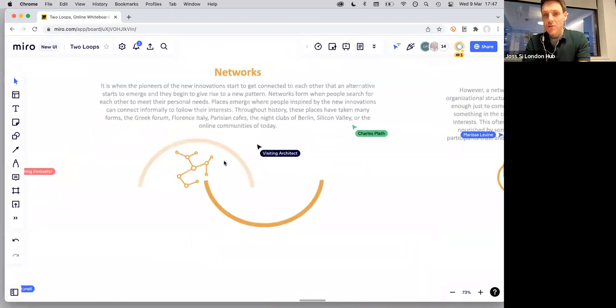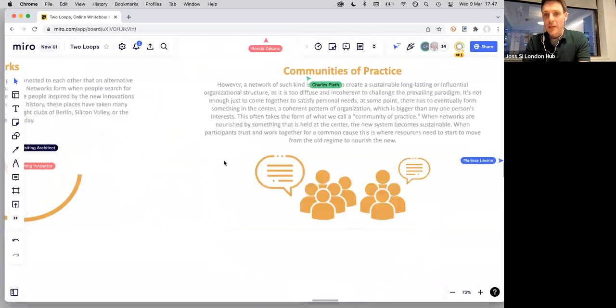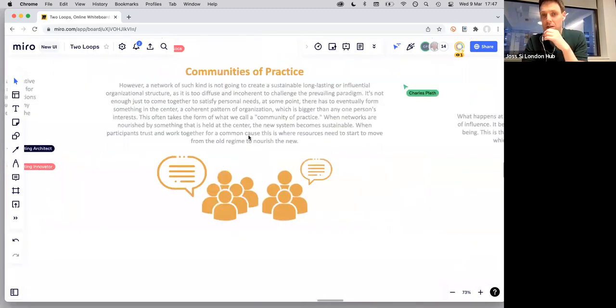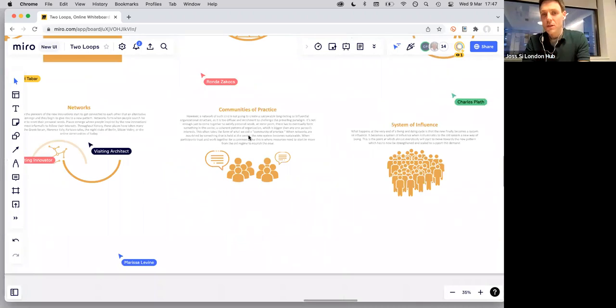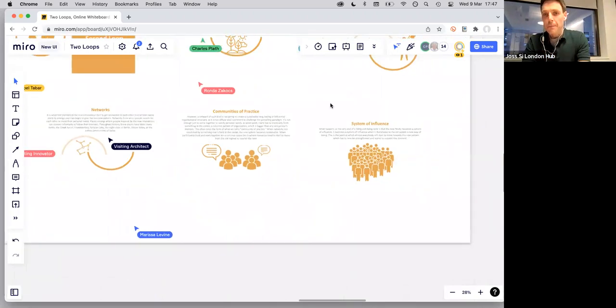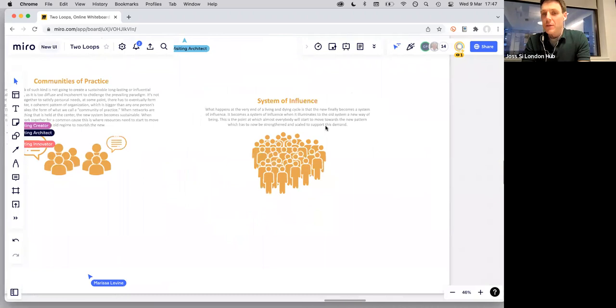And over time, if they strengthen and develop, they can become communities of practice. This is what the Berkana Institute is positing, how this change process happens, or how this new system forms over time. And ultimately, they may become a system of influence, which is actually the next generation of this system, really taking over core functions of how it works.